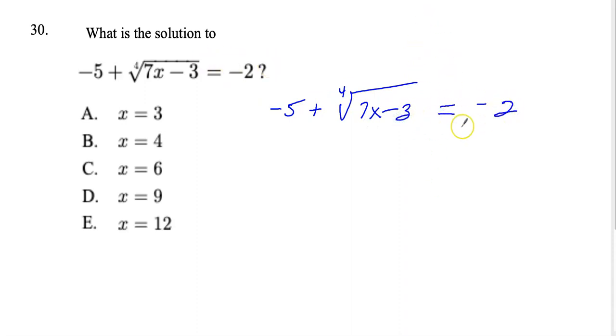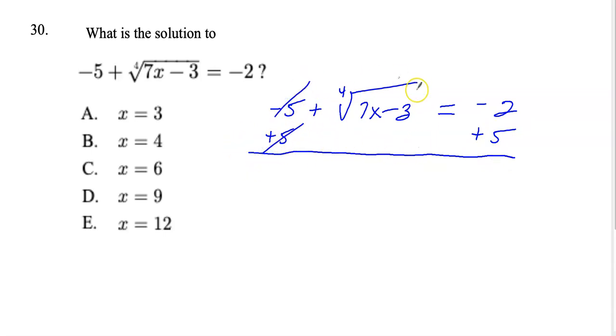Now, you can put up your Weiss wall. Remember, this equal sign separates your equation into your left side, which is over here, and your right side, which is the negative 2. So the first thing I'm going to do is move this negative 5 over to the right side. So I need to make this go to 0, so I'll just add 5. Negative 5 plus 5 is 0, so what you do to one side, you do to the other. And this will go to 0.